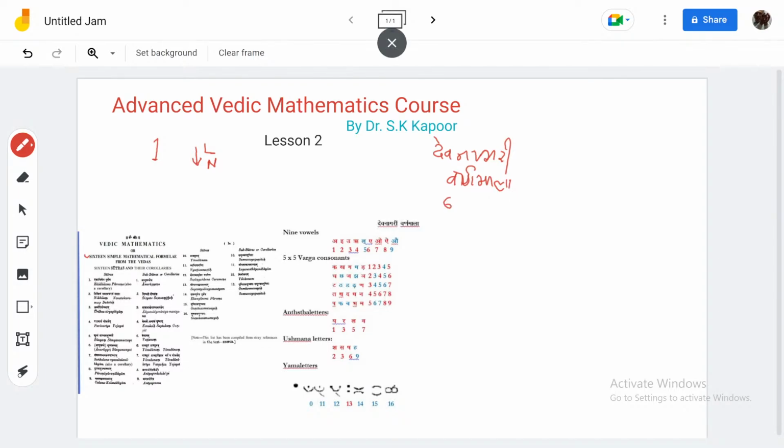The sixth vowel will give us 6. The letter Va will give us 7, then 1, 8, 2, 3, 1, 3, 4. It is the translation of the formulation Devanagari, the word Devanagari.